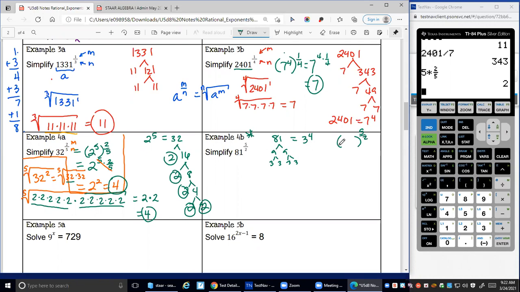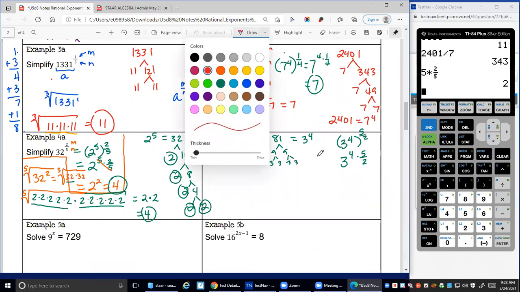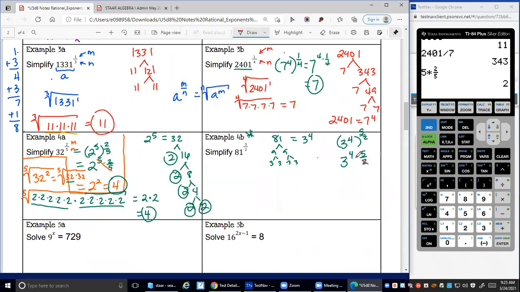Instead of 81, I'm going to plug in 3 to the power of 4, and what I do is I multiply 3 to the power of 4 times 5 over 2. You can put it in your calculator, but because I'm running out of time here, 4 divided by 2 is 2, and you'd end up with 3 to the power of 10, okay? And if I put that in my calculator, I get that beautiful number. But remember, it may not be in this form, it may be in that form, okay?